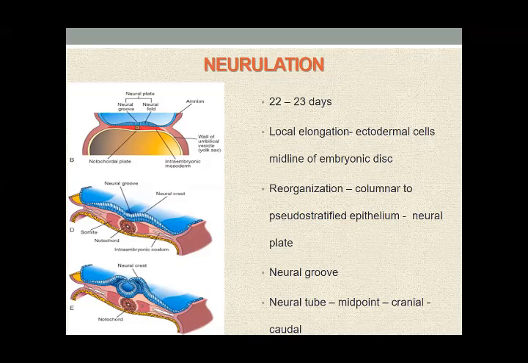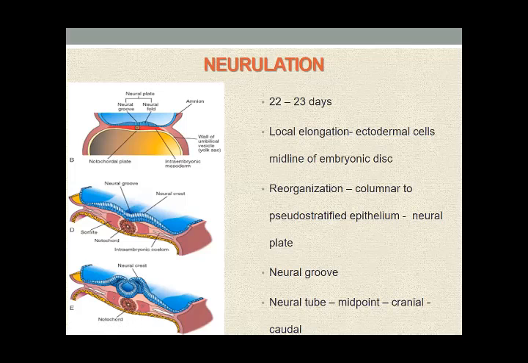How does it develop? The cells of the surface ectoderm undergo local elongation, and a slipper-shaped structure develops on the surface ectoderm, in the midline of the embryonic disc. Okay, an elongated structure is formed. To begin with, the epithelium over here is simple columnar, but as further development of the neural plate occurs, this epithelium changes to pseudo-stratified epithelium.